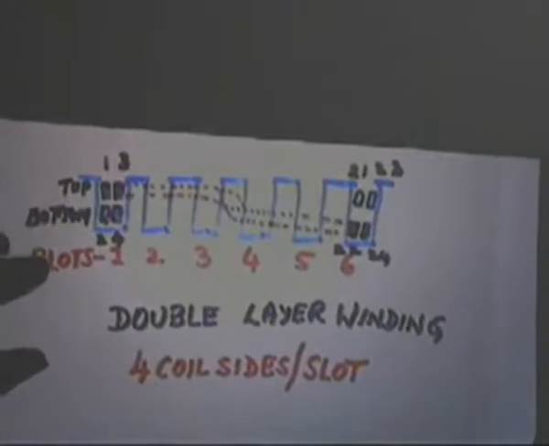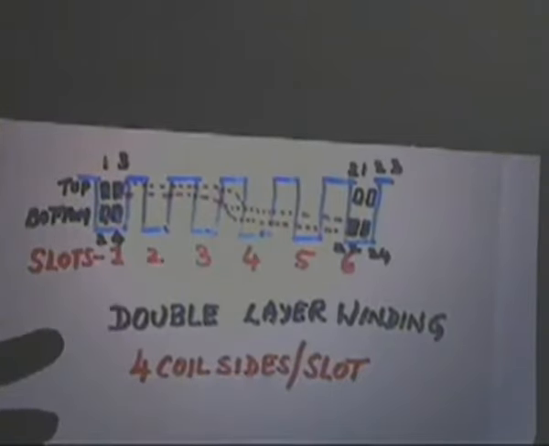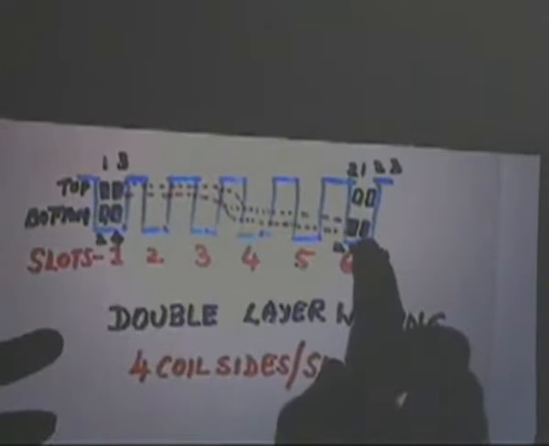Now here in this picture I am showing 4 coil sides per slot, so that means the top layer has 2 coil sides and the bottom layer has another 2 coil sides. For example, if you say there are 6 slots, that means in slot 1 the conductors are entering and in slot 6 it is returning.